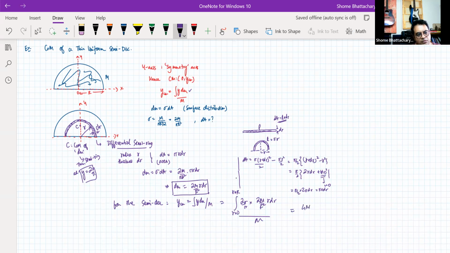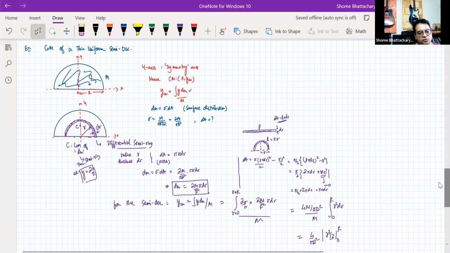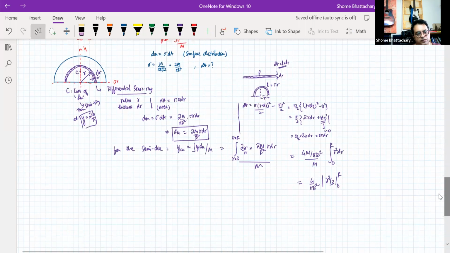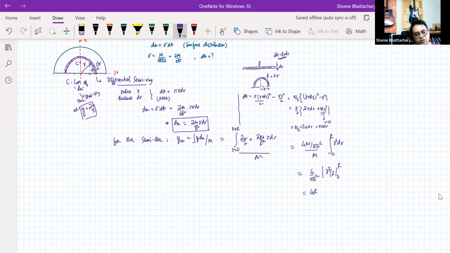So 4m upon pi R square comes out. We're left with the integration of r square dr from 0 to capital R. So this becomes 4 upon pi R square into r cube by 3 from 0 to capital R. That will give you 4R by 3 pi after putting the limits. So having done this integration, again, this is a standard formula which you have to memorize.